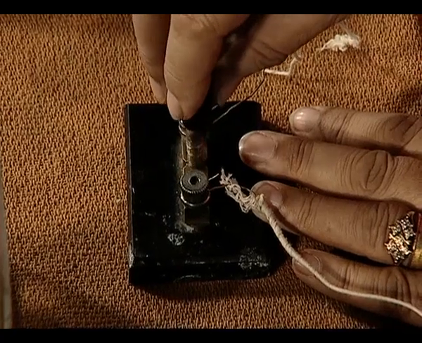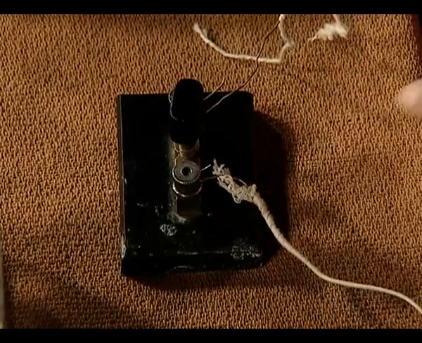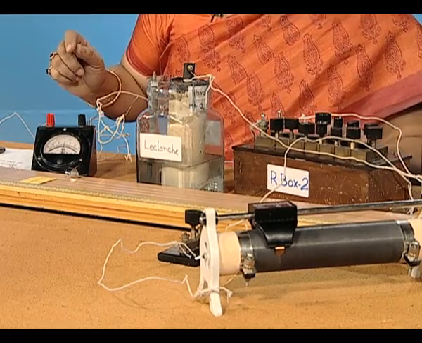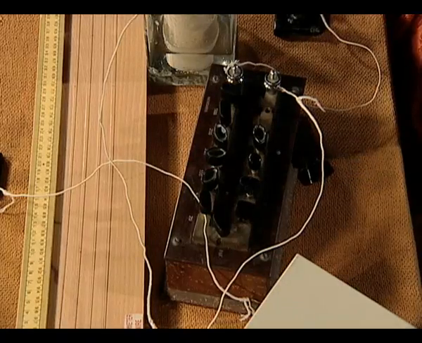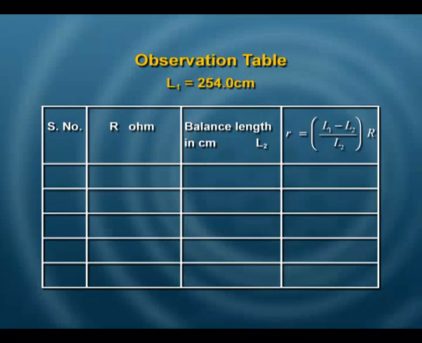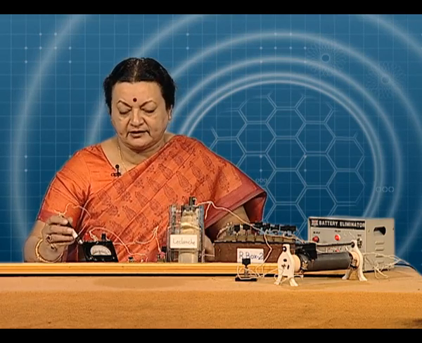Now, we will use the second circuit by putting the key to draw current from this Leclanche cell in this circuit. From here I have taken out 3 ohms and I need to record that in my observation table. Balance length L2 is what I am going to look for now, because now the cell is in use, the terminal voltage is going to give me the balance length.